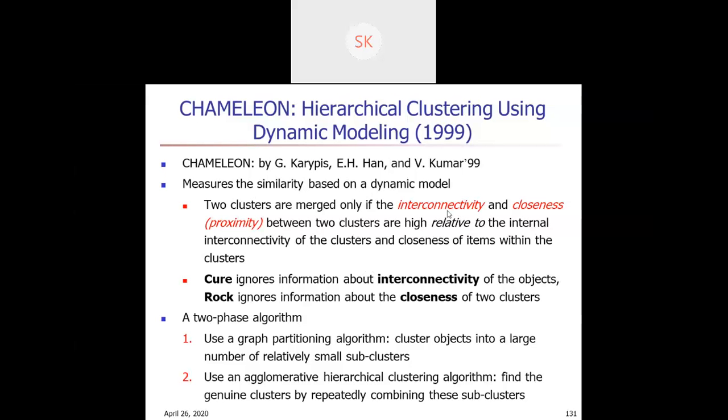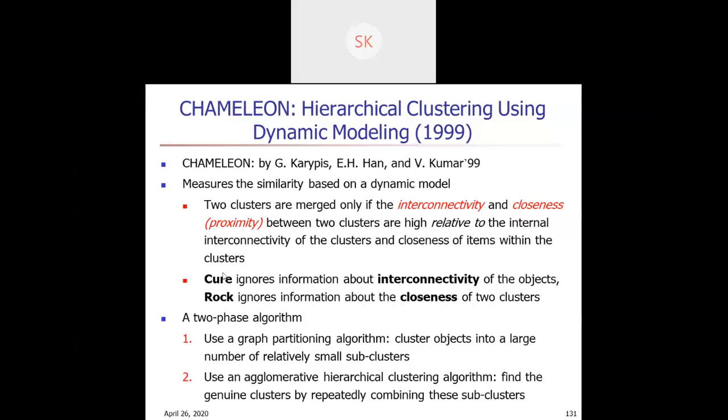Two clusters are merged only if the interconnectivity and the closeness between the two clusters are relatively high. Obviously, if we have very much closeness, or if their boundaries cross or touch, then we merge them. That is, if the interconnectivity and closeness between two clusters are high relative to the internal connectivity of the clusters and closeness of the items within the clusters. CURE ignores information about interconnectivity of the objects, and ROCK ignores the information about the closeness of two clusters.